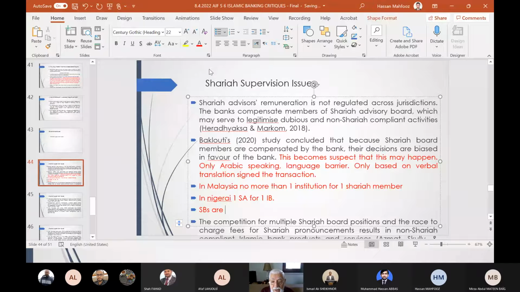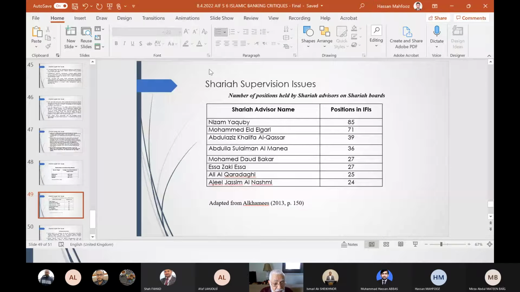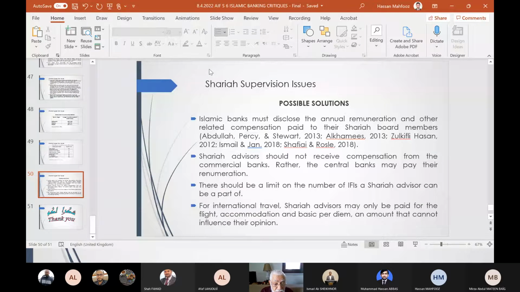Yes, this may end up in firing this Sharia board member for the next period. Of course, he will continue his contract for that period, whatever his contract is, but it may end up in firing him for the next period. But there are these kinds of arrangements and attempts to at least partially mend this problem. Of course, the language barrier is an issue.